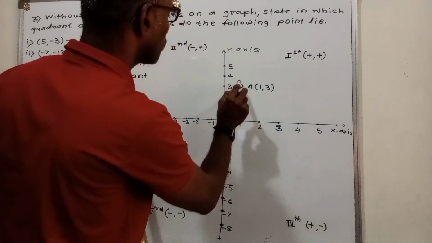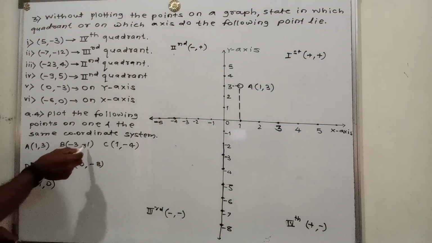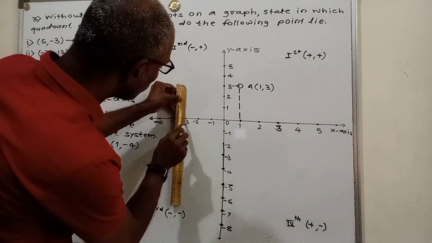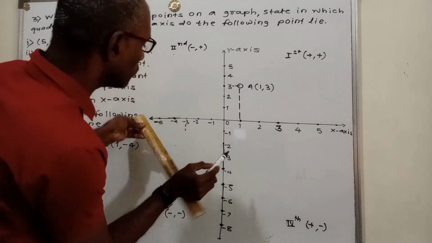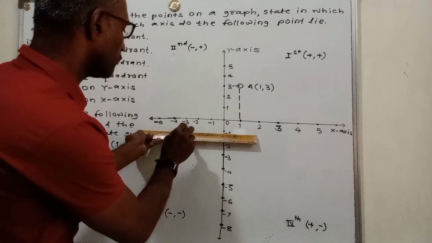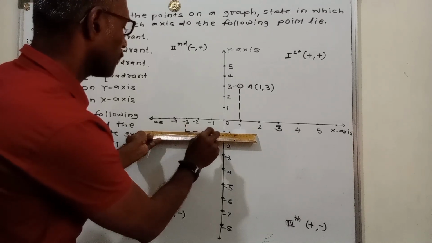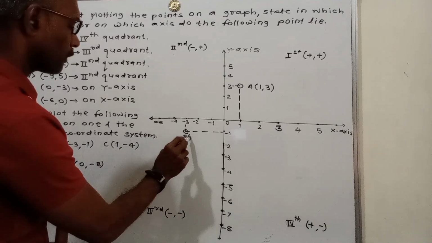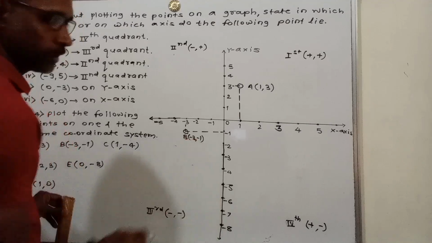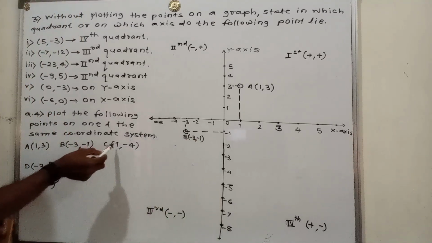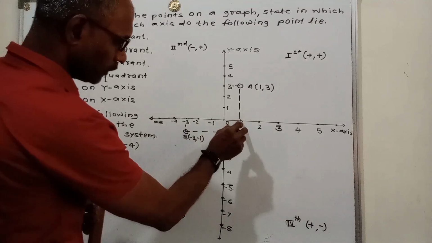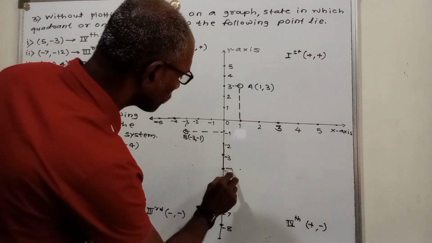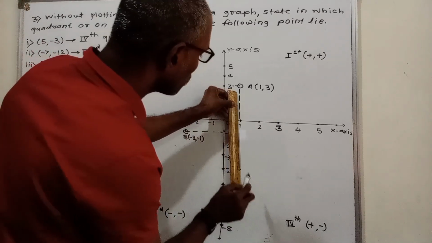Okay, then B minus 3 minus 1. Here minus 3, and this minus 1. Here what is this? B. Then C 1 minus 4, 1 and minus 4 means here.